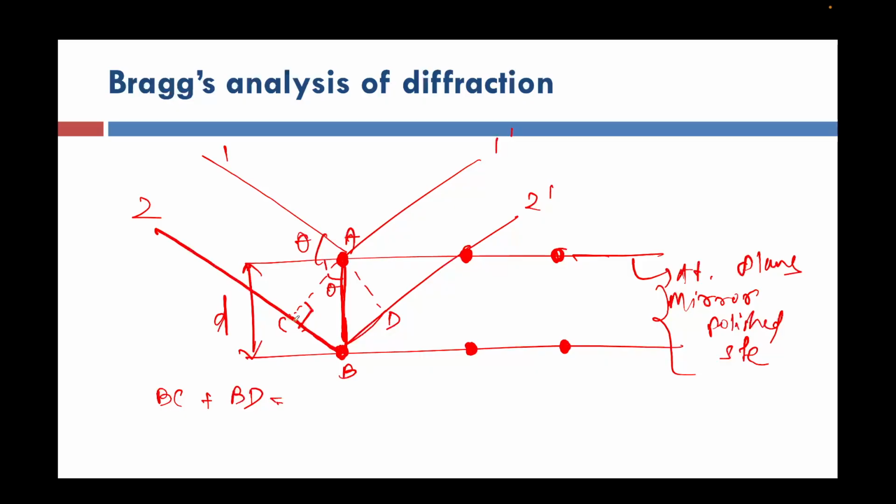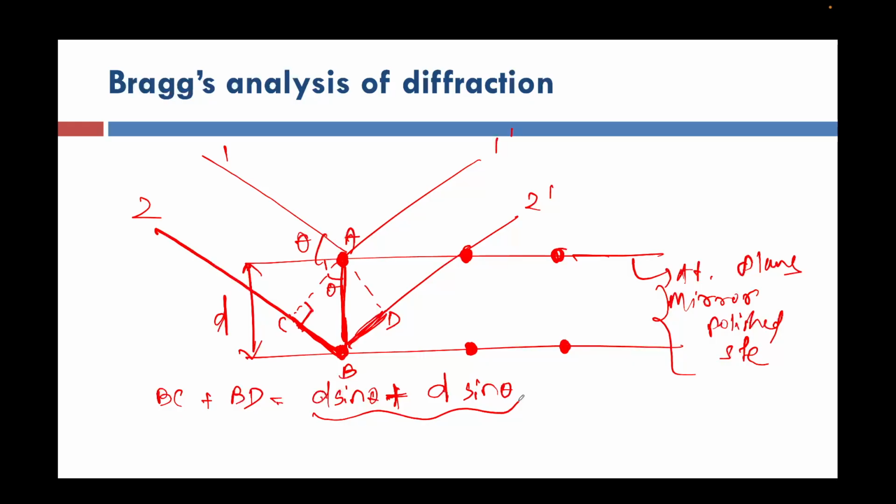So BC will be given by d sin theta. Similarly BD will be given by d sin theta. I am calculating the path difference geometrically.